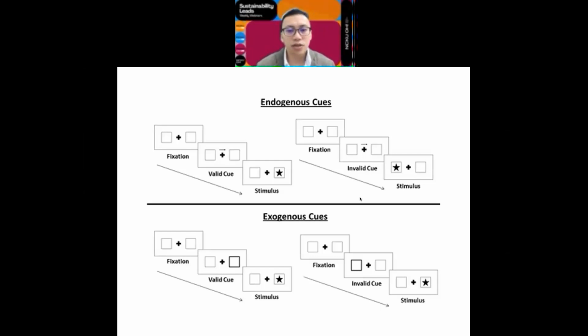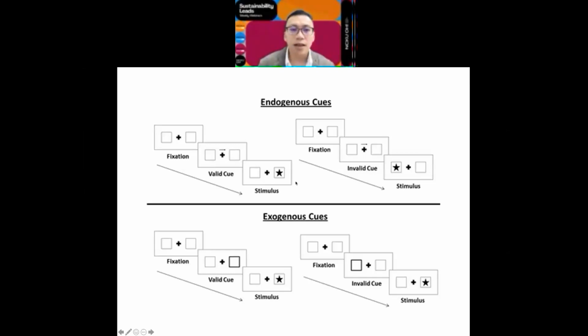According to the Posner cueing task, there are two types of cues. One is the exogenous cue, and the other is the endogenous cue. For the endogenous cue condition, you can see there is an arrow pointing to the left or right. So it will direct your attention to the right location here.